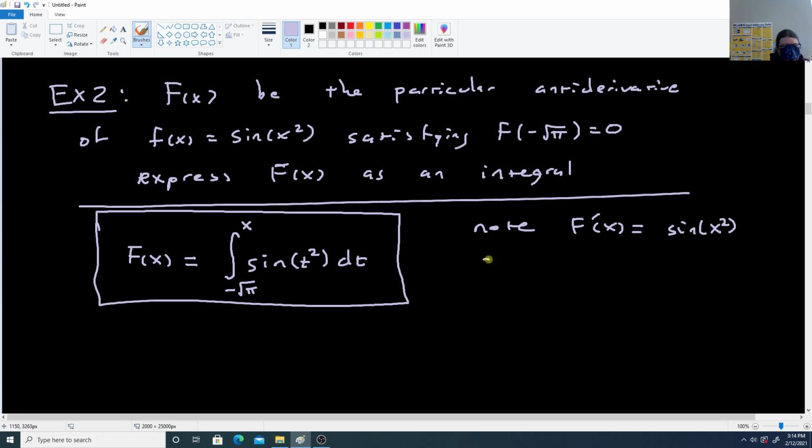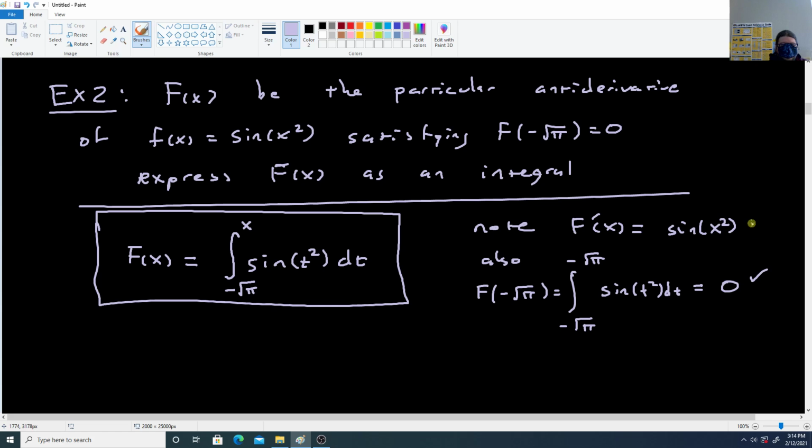And also, if I wanted to figure out what F of negative square root of pi is, we would be evaluating by plugging x in with negative square root of pi, the integral of sine of t squared dt. And since the lower limit and the upper limit of this integration are the same number, this integral doesn't give you any area back.